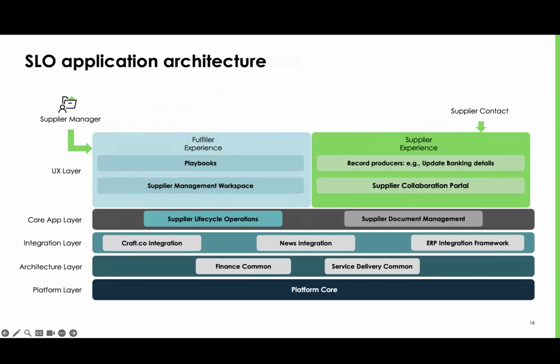And then moving on to the Supplier Lifecycle Operation architecture, we have, again, the ability to use those common architecture models. There are integration layers to things like craft.co, which is a supplier intelligence and supply chain resilience platform, designed to help organizations discover, evaluate and monitor suppliers by providing comprehensive validated data and actionable insights.